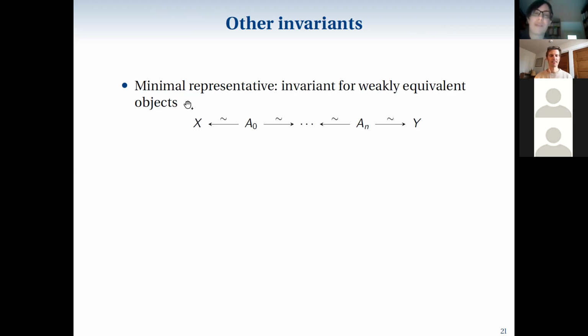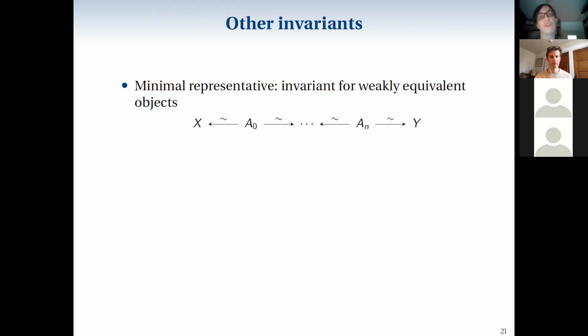If you give me an object X, I can find a sequence of weak equivalences that leads to an object Y, which is cofibrant, and such that any weak equivalence from Y to Y is actually an isomorphism. So this is an object that discriminates up to weak equivalence, a little less actually than the minimal cover, but it's characterized by not having any points on the diagonal.